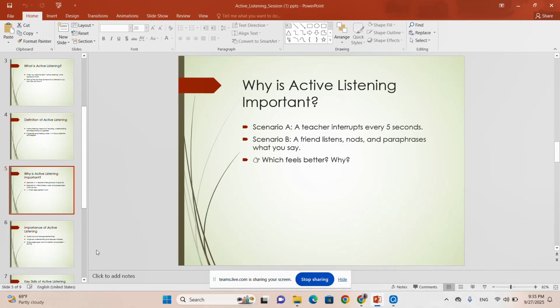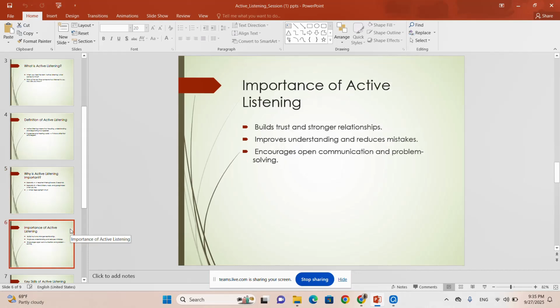Now, let's move to reasons why active listening is very important in our communication. We have a few reasons why active listening matters.